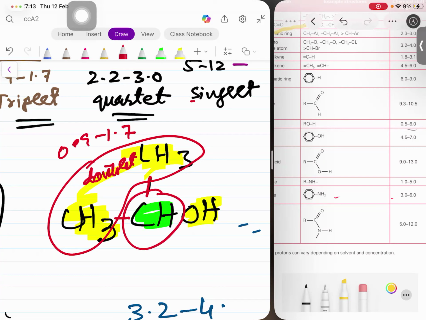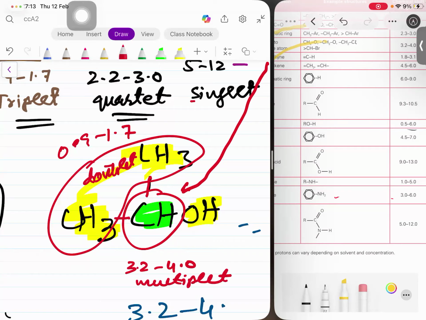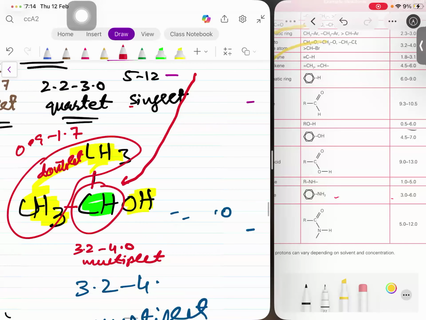For this, next to oxygen है, so 3.2. Yeah, next to oxygen. So this should be 3.2 to 4 and should be a multiplet. Why multiplet? 6 hydrogen है, so it would be 7 parts में broken होगी. And OH we know 0.5 to 6.